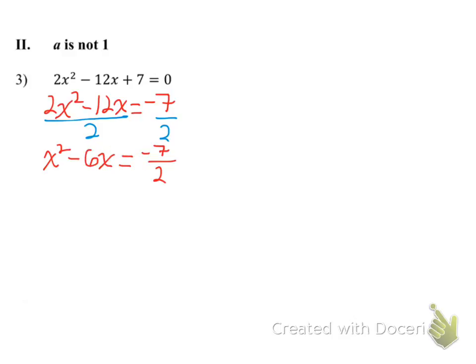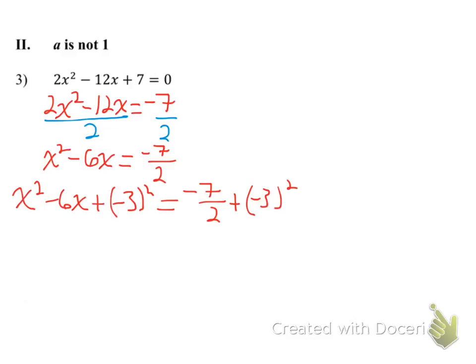So now that we have all the x's on one side and the x squared just has a 1 in front, old rules still apply. Take half of b, and we're going to add that to each side. So half would be just a negative 3. And then don't forget the square and add that to each side. Now we're ready to factor the left side.